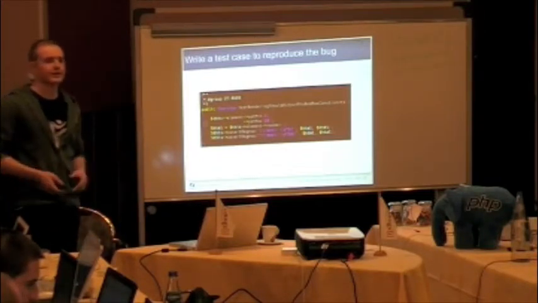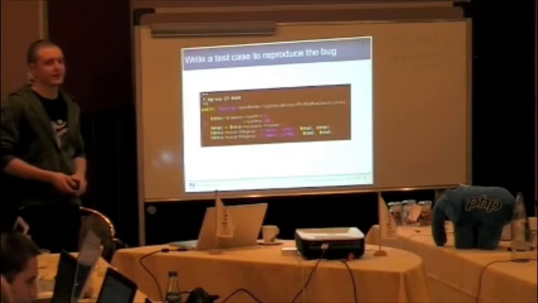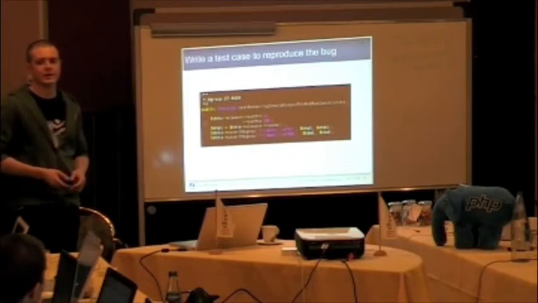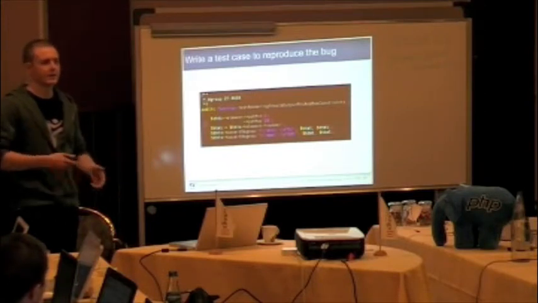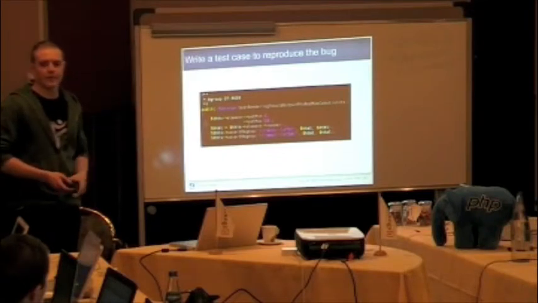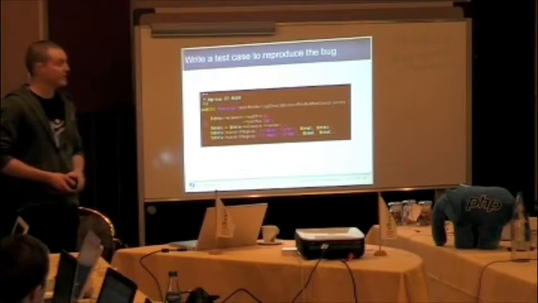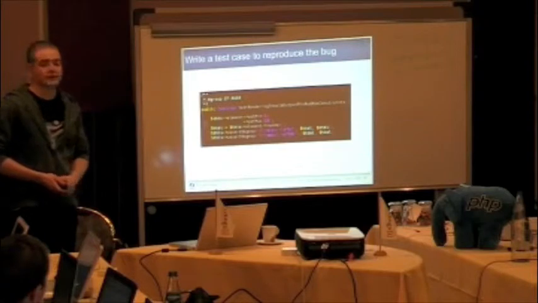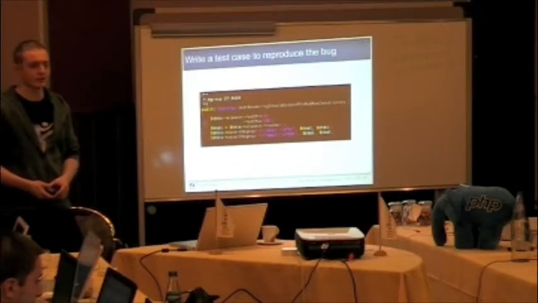You can see a few things here. First off, a test case should be a public method starting with test. If a method starts with test, PHPUnit can identify it as being a test case, so it can be run as such. In the test case, you should try to reproduce the bug by assigning, in this case, some integers to some property.